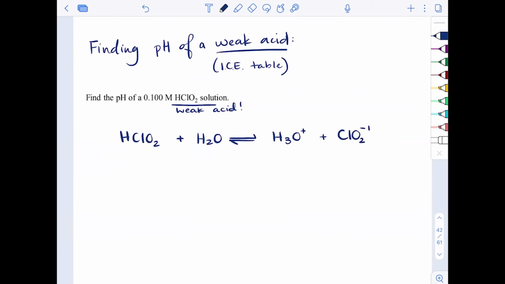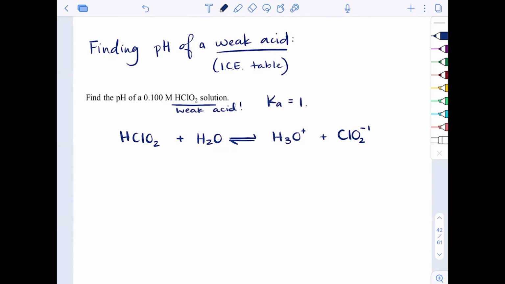We will always use this type of equilibrium because we are going to be able to use the Ka in order to find our concentration. Now, when we look into this value, it's really important to make sure that we have our Ka table or some sort of a Ka value given.